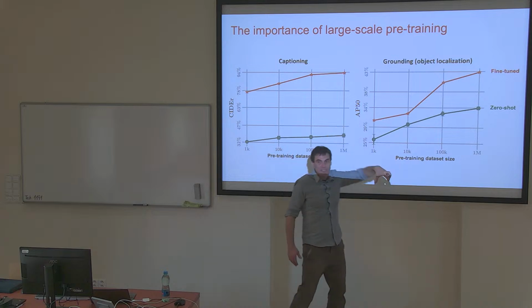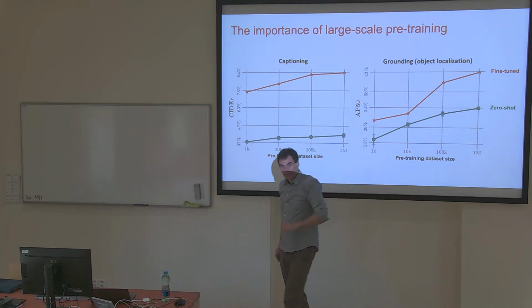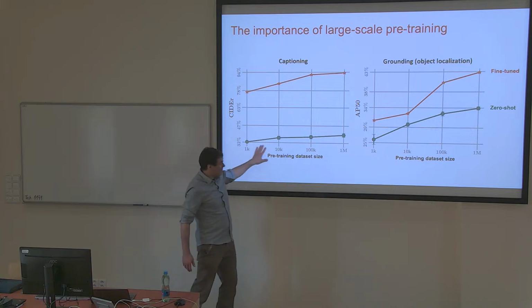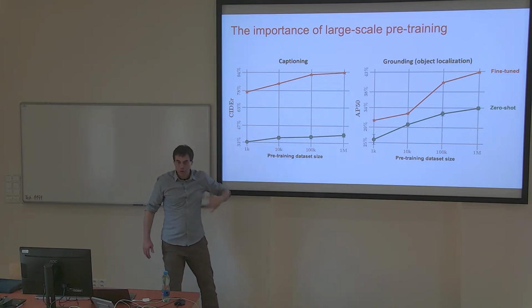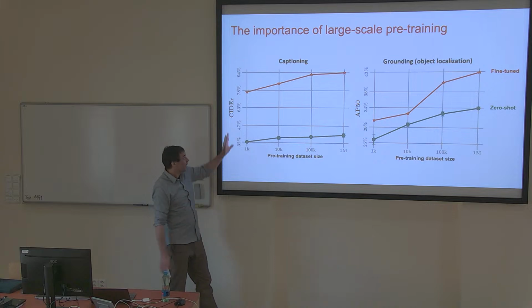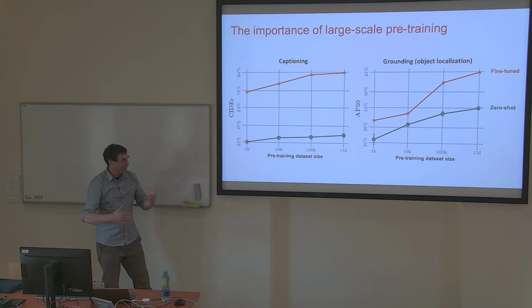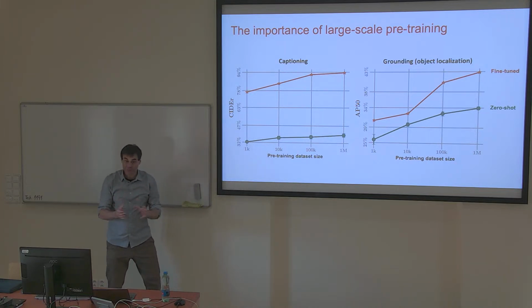AP50 is a localization metric, how well we predict the bounding boxes for the objects. You can see that the green one is zero-shot, before we apply our manual training data, and the red one is after fine-tuning using our careful, precious thousands of annotations collected in collaboration with the company, done by humans.